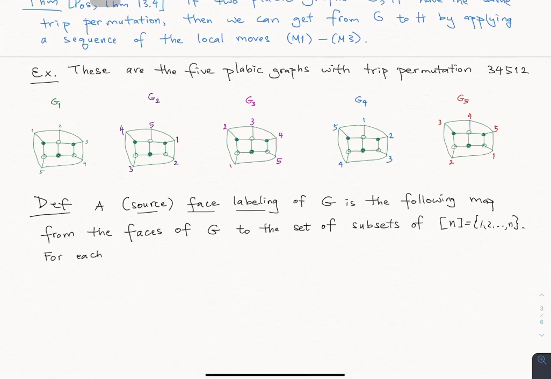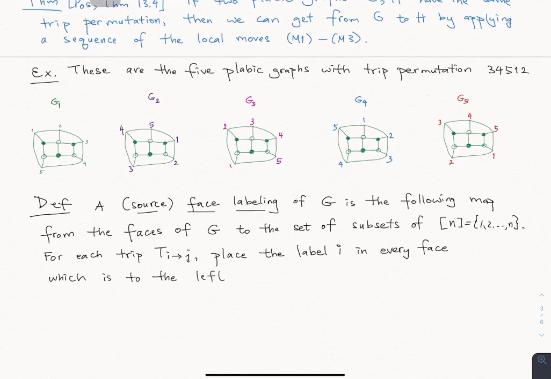For each trip from I to some other boundary vertex J, we place the label I in every face of the Plabic graph, which is located to the left of the trip I to j.